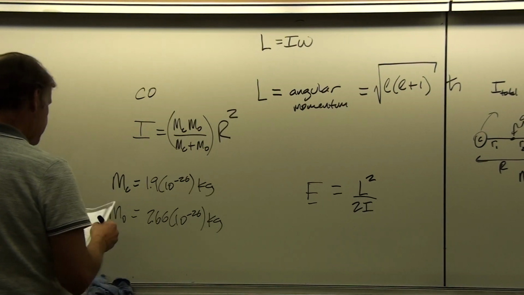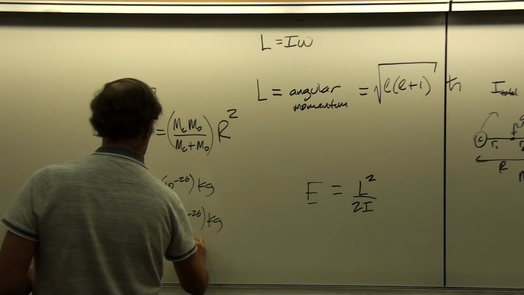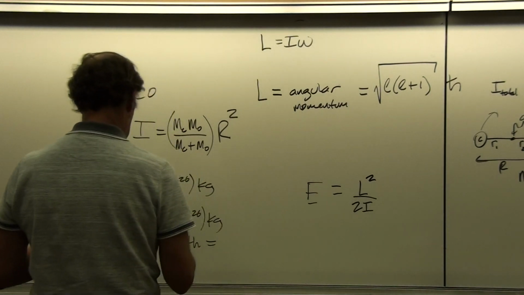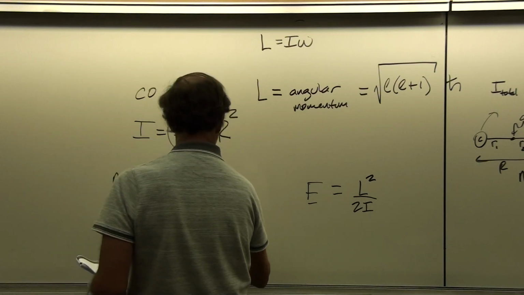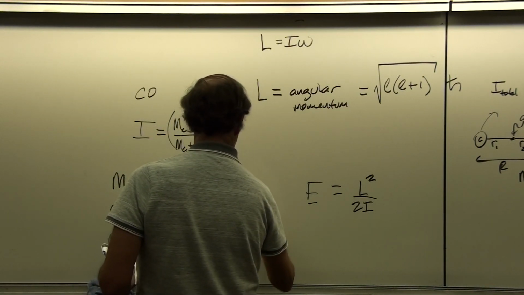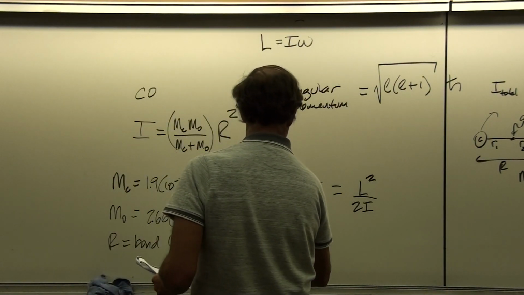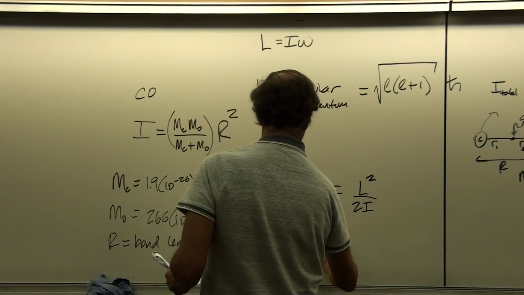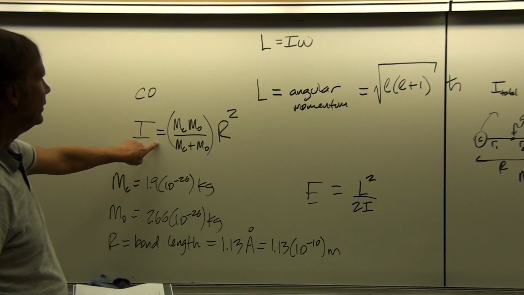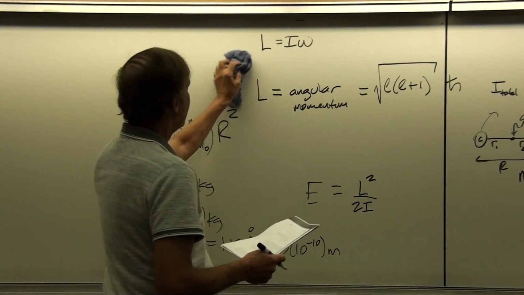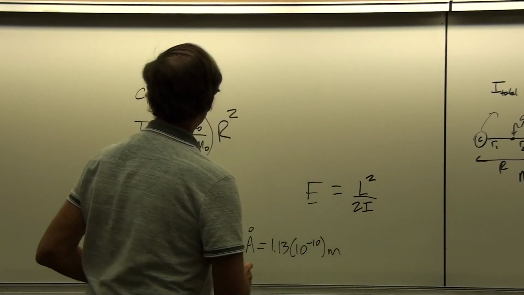And the bond length, R, is given to be equal to 1.13 angstroms, or that's 1.13 times 10 to the minus 10 meters. So from that, we should be able to plug those values in for I and get an appropriate expression. But it will be a tiny, tiny number.